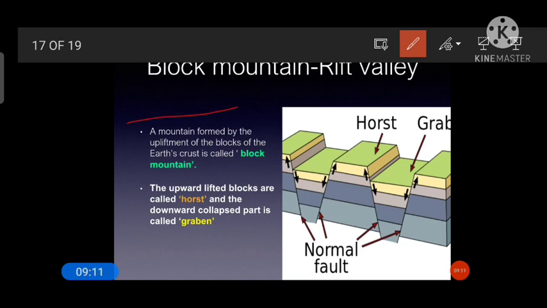So this is the earth crust. Now due to tensional force, due to internal movement, fractures and cracks develop in this crust.